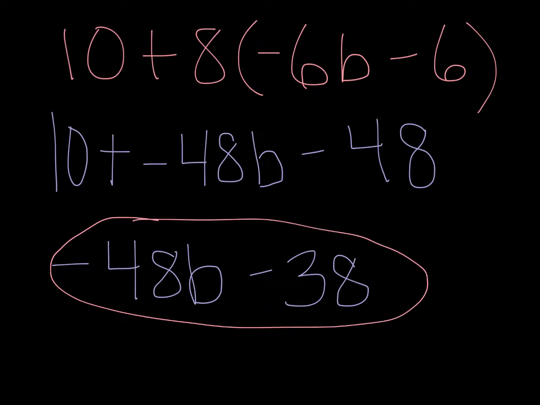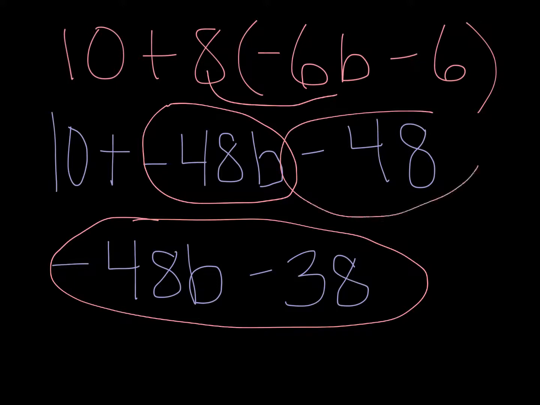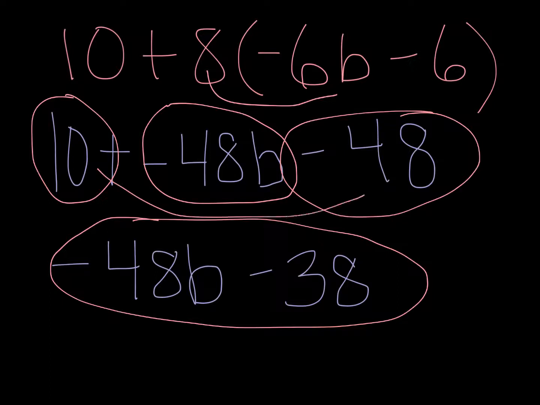I first multiplied 8 times negative 6b and got negative 48b, and 8 times negative 6, and that gave me negative 48. 10 plus negative 48 gave me negative 38. If you need more practice, go back and do any of these examples again.